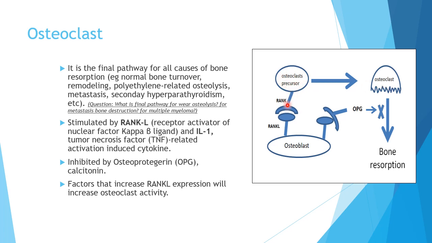So RANK is on the osteoclast precursor, RANKL is on osteoblast. The more RANKL you have, the more conversion that you have, the more bone resorption you have. OPG stops the RANKL or makes less RANKL available, so it decreases the conversion and decreases the bone resorption, and we're going to put that into the next slide for confirmation.